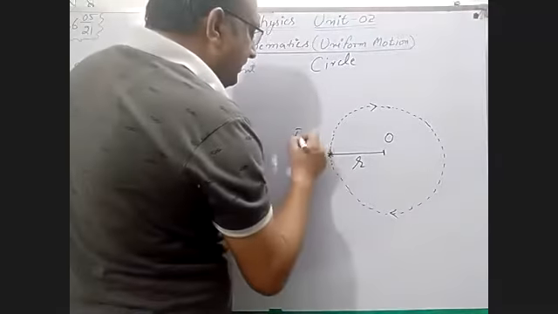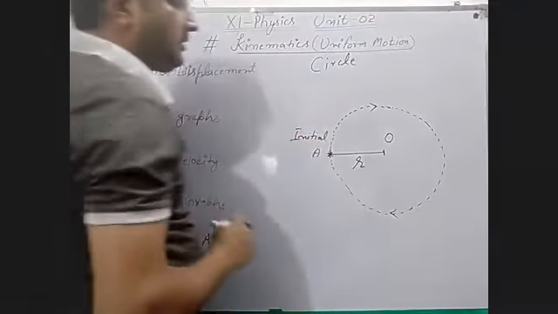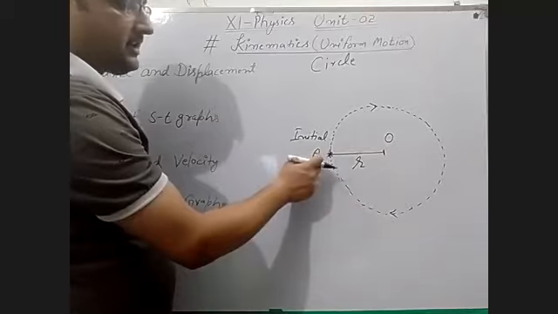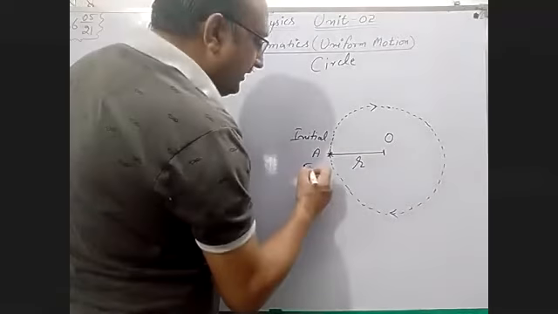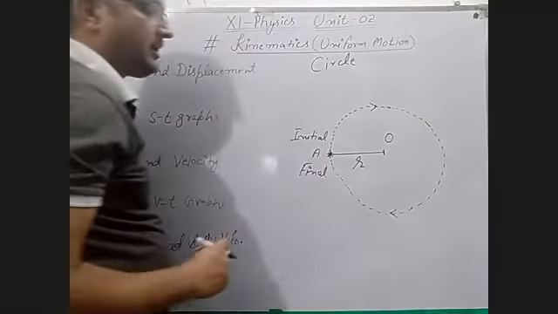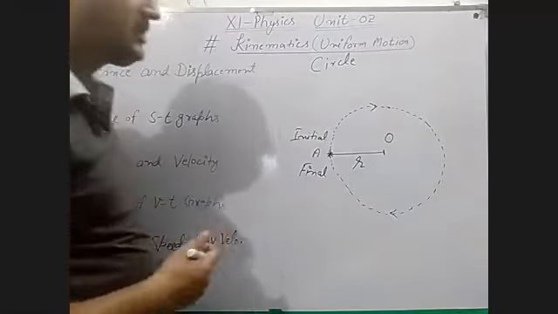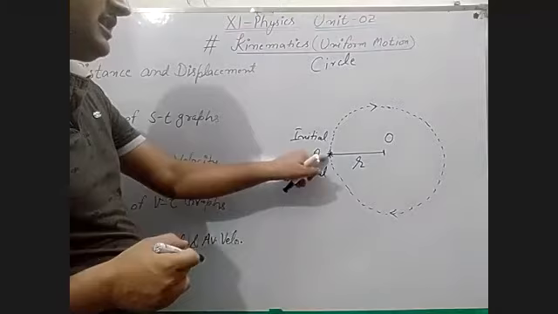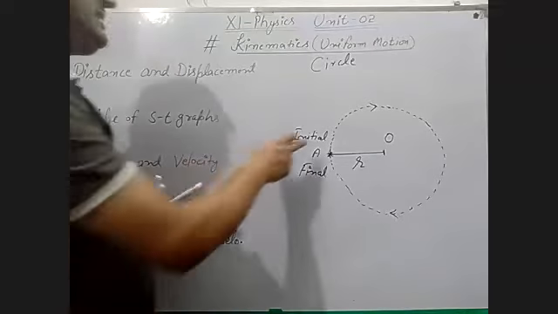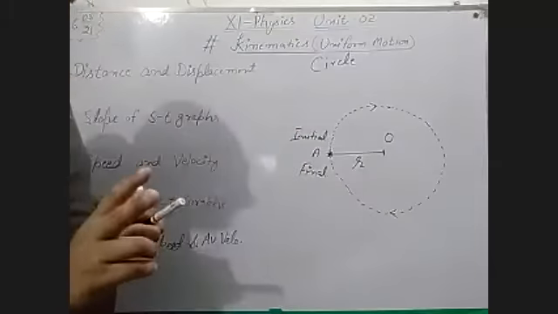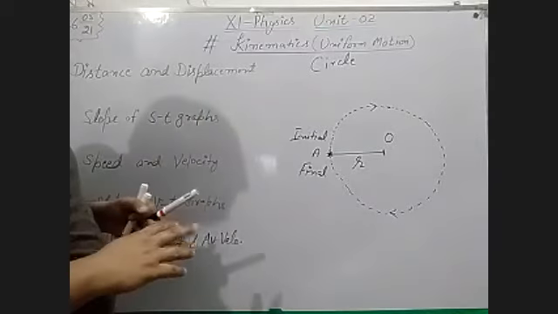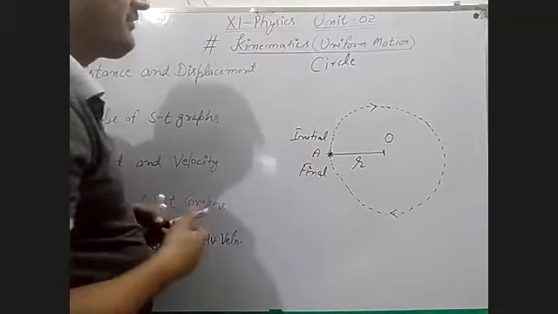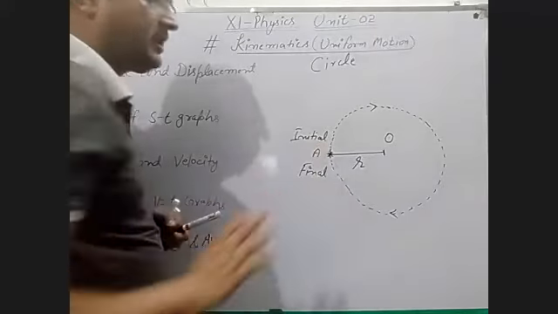Now, it is starting from A, and where it finishes this motion is also again A. So in this case, there are 2 points, initial from where it starts and final where it stops, and these initial and final points are the same.